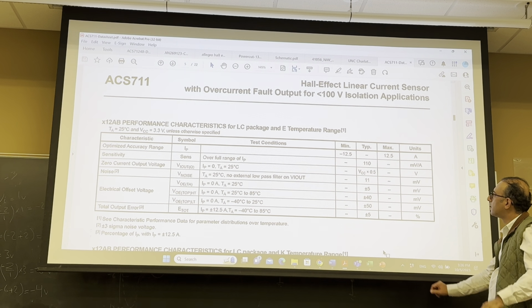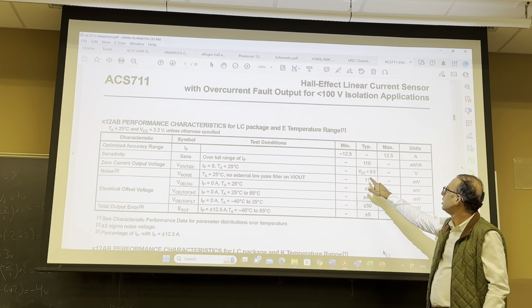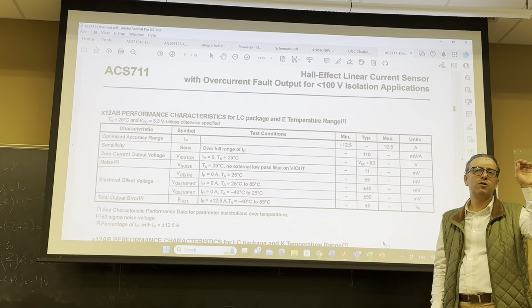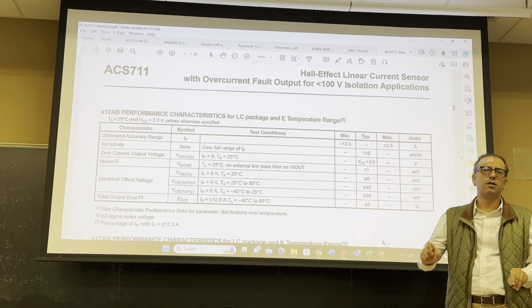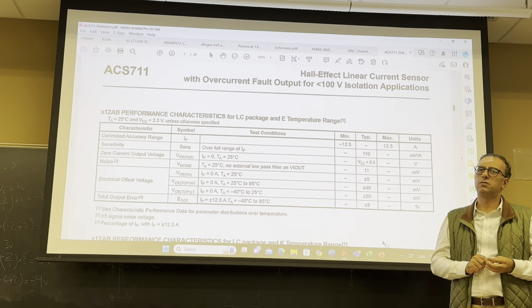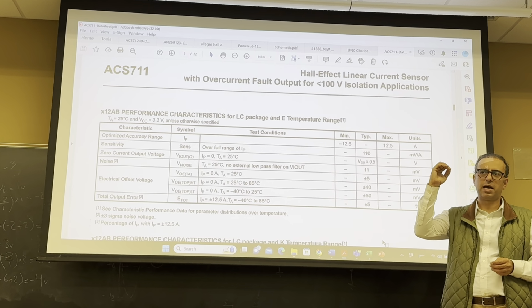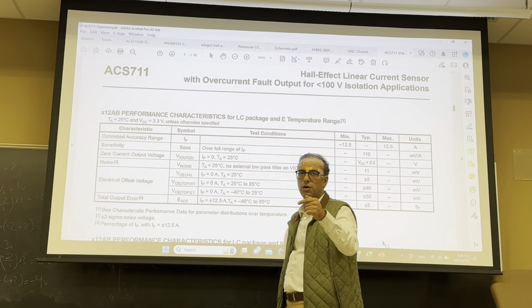Now tell me, if it's full range, if I feed 5 volts, full amps, let's say 20 amps or 15 amps in this case, what's the output of this sensor at 15 amps? Biased at 5 volts divided by 2, so 5 volts, right? That's the maximum. And if it's negative 15, it's 0.